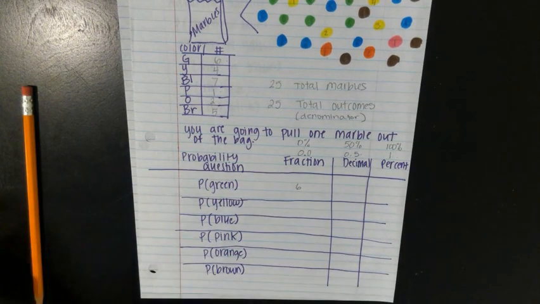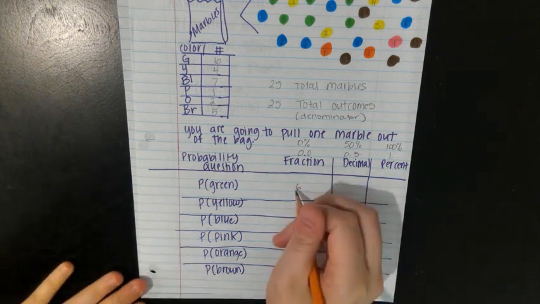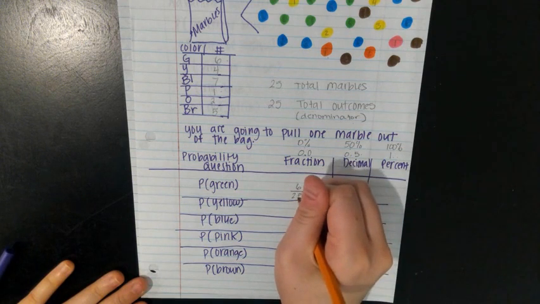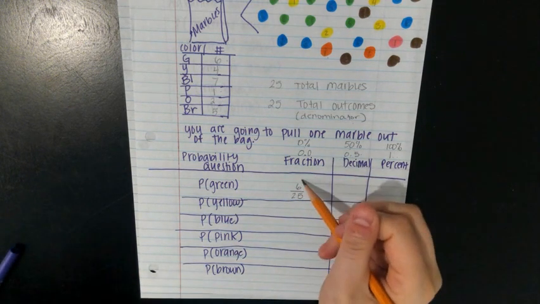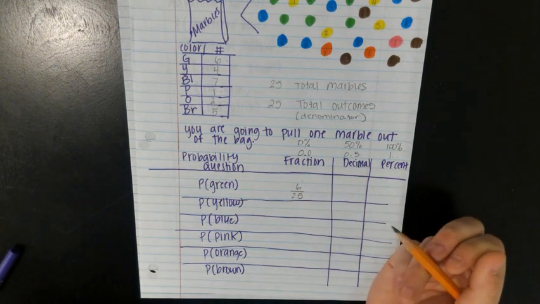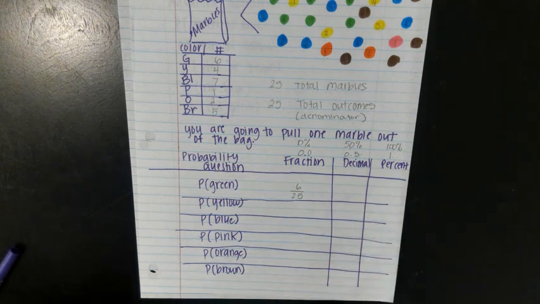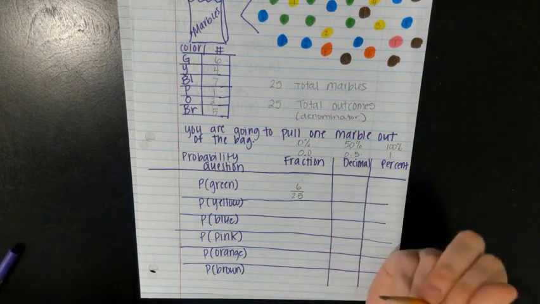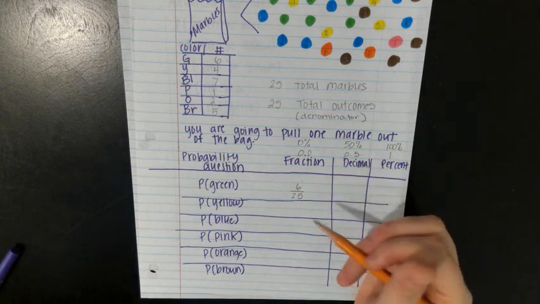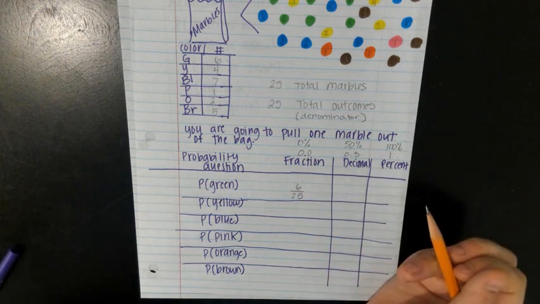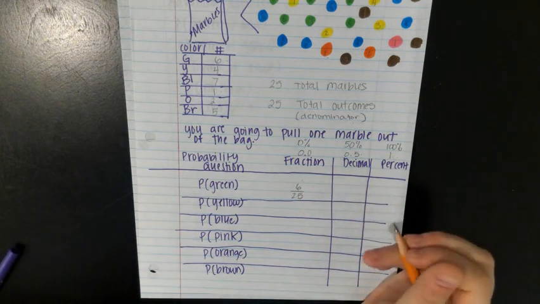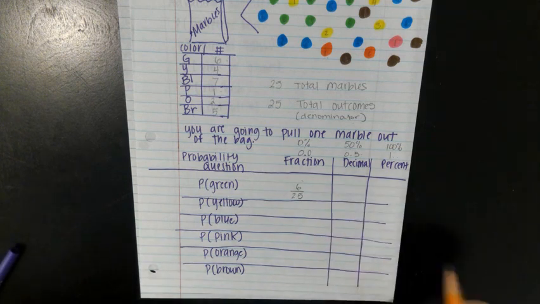Then the denominator we said is going to be the total amount of outcomes. So there's 25. It's really just how many out of the whole. That's really what probability is for simple events. So there are 6 green marbles out of 25 total marbles. So the probability of pulling a green is 6 out of 25. And you want to check to see if you can simplify this fraction, and you cannot. So that's going to be our fraction.